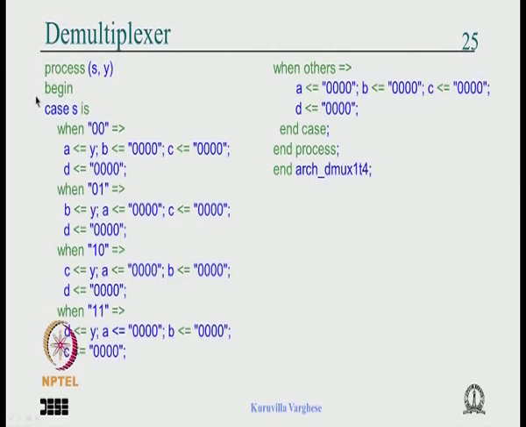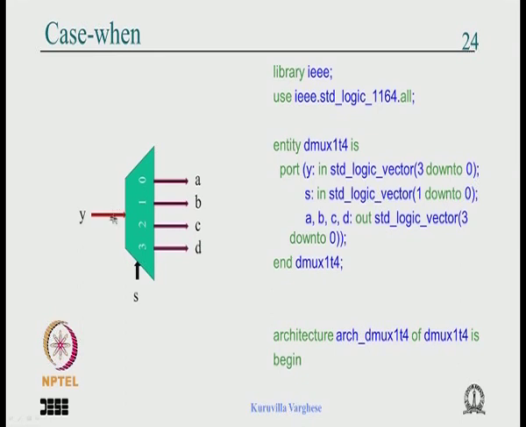The process sensitivity list has 2 inputs, S and Y, because any change in either should make the simulator compute. You say begin and you say case S, the select input. When it is 0 you know that Y will go to A, when it is 1 Y goes to B, when it is 2 Y goes to C, 3 Y goes to D.